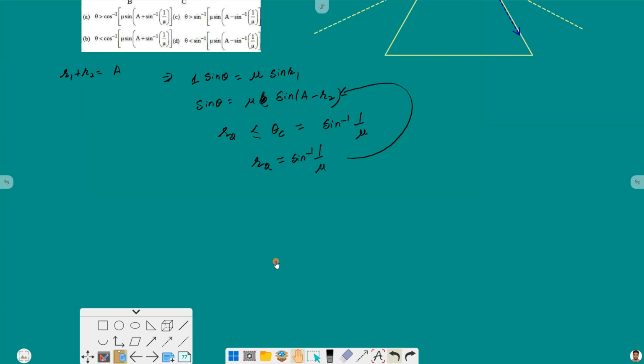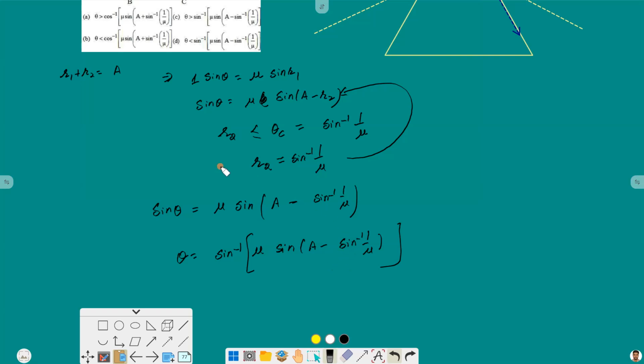So from this we will have sine of theta is equal to mu times sine of A minus sine inverse 1 by mu. Now from this, theta will become sine inverse of mu into sine of A minus sine inverse 1 by mu.